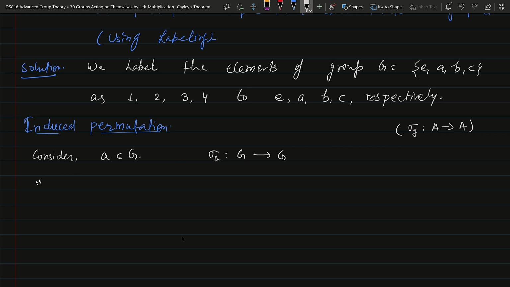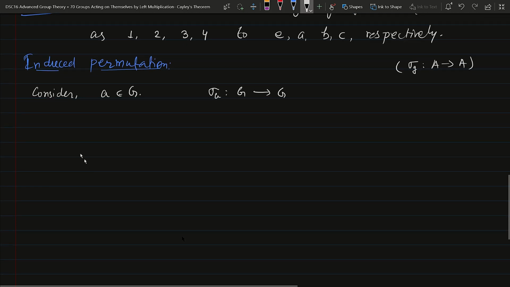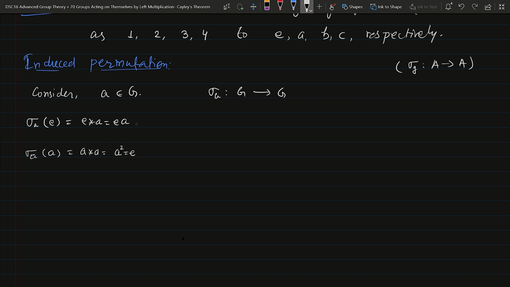So you can see, if we find sigma a on e, it will be e star a, and that is the same as ea, which is equal to a.